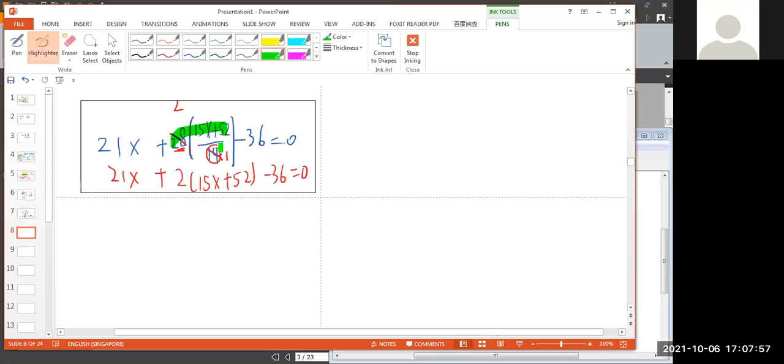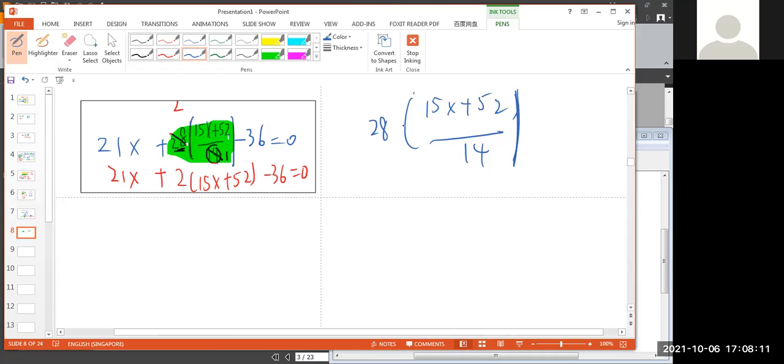So I will talk about this part, this 28 times 15x plus 52 over 14. This bracket is the entire thing.